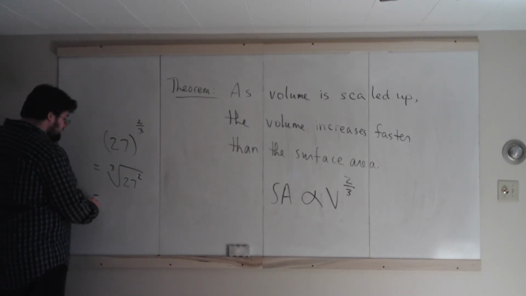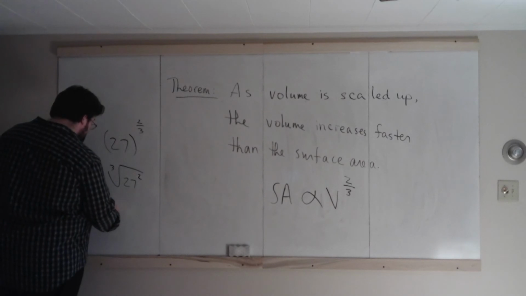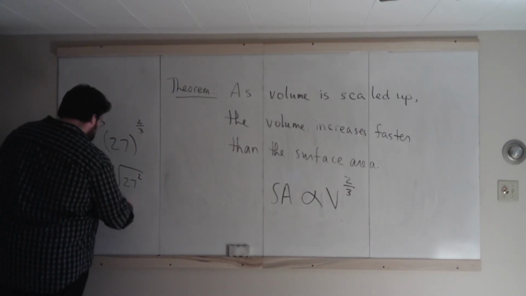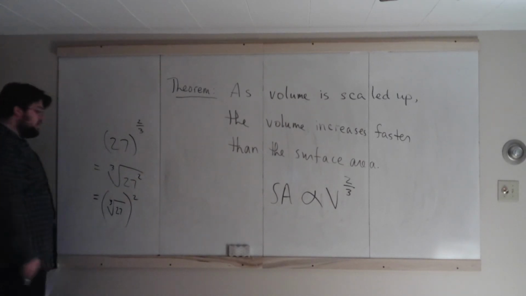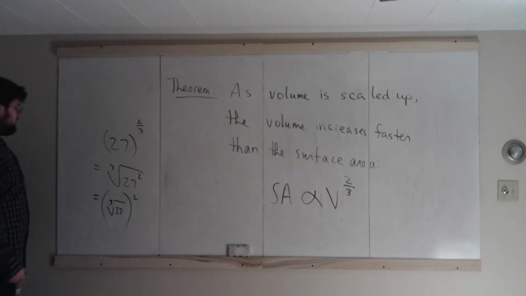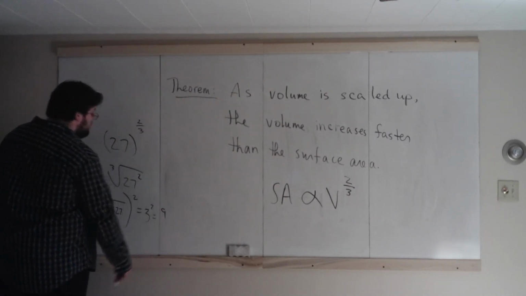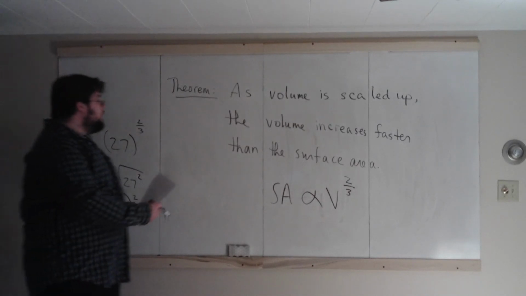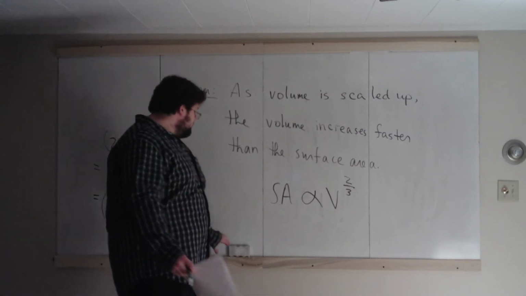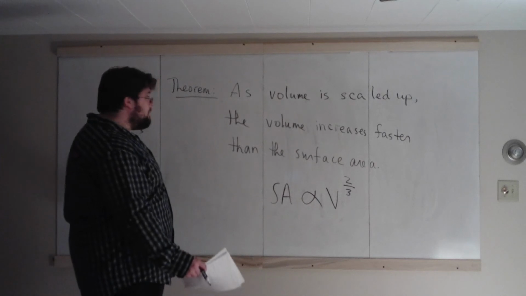Instead of doing it like this, you could do the cube root of 27 and then square. The cube root of 27 is 3. 3 squared is 9.